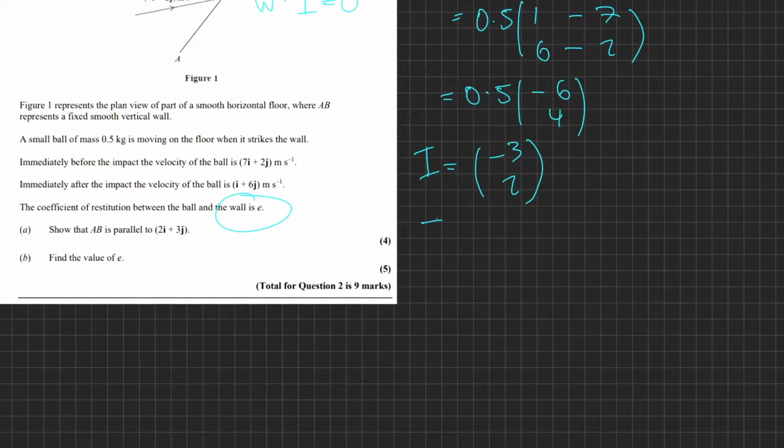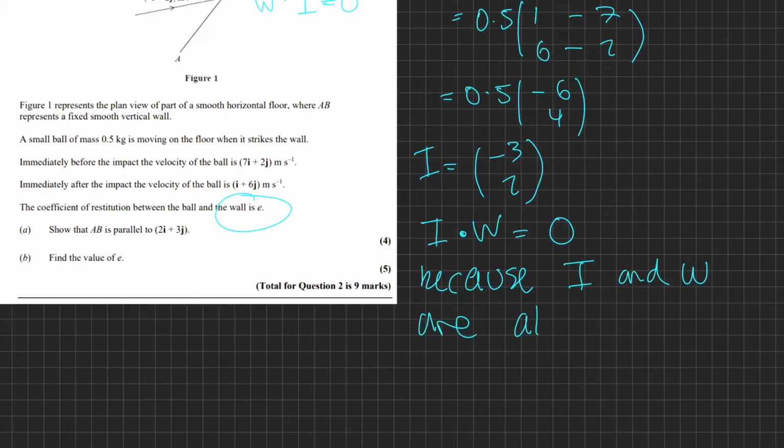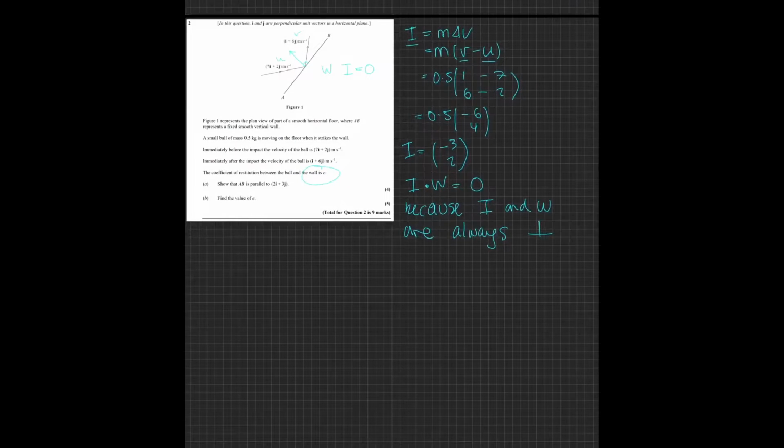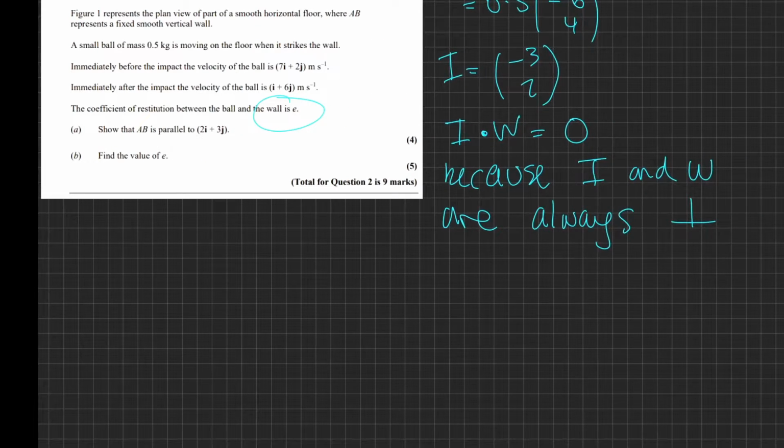And we have to state this to the examiner: the impulse dotted with the wall vector always gives 0 because the impulse and wall are always perpendicular. So we plug our impulse into the equation: impulse dot W equals 0.